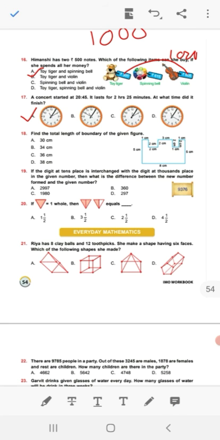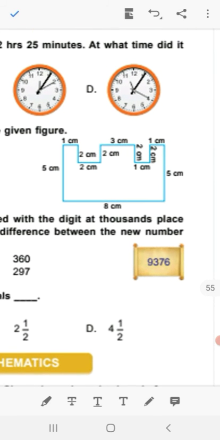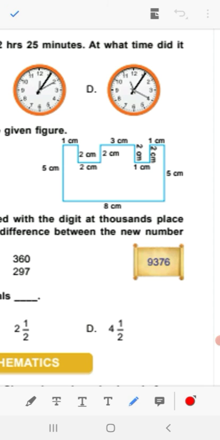Find the total length of the boundary of the given figure. This is the figure. See, total length of boundary. Let us add all the measurements given here. 1 centimeter plus 2, 3, 3 plus 2, 5, 5 plus 2, 7, 7 plus 3, 10, 10 plus 2, 12, plus 1, 13, 13 plus 2, 15, 15 plus 1, 16, 16 plus 5, 21, 21 plus 8, 29, 29 plus 5, 34.